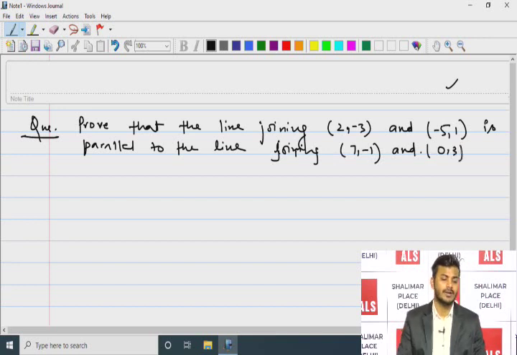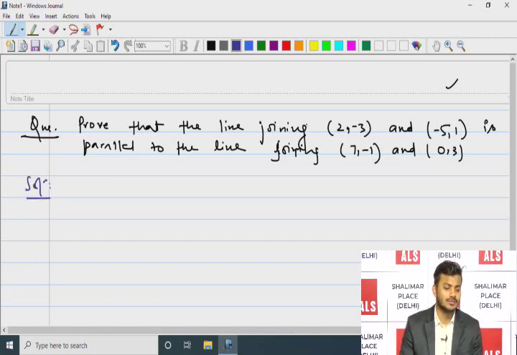So these are 2 points. You can find out the values of m1 and m2, okay, and then you have to prove that they are parallel. That means their values of slopes are the same, m1 equals m2. That is the condition we have.